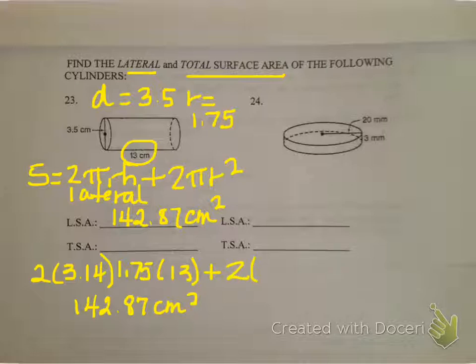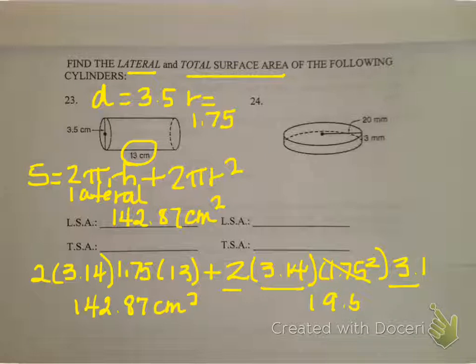Then I can come over here and add the next part of this formula. 2 times 3.14 times the radius squared, 1.75 squared. I want to do that part first, so when I square that I get 3.1. So if you multiply 2 times 3.14 times 3.1, you get 19.5 centimeters squared.